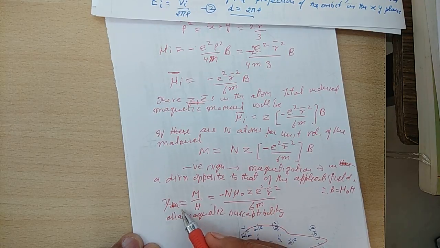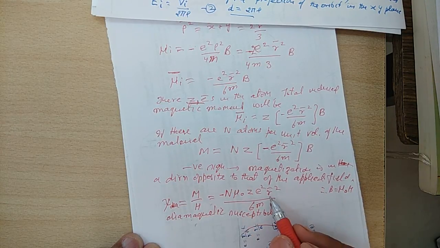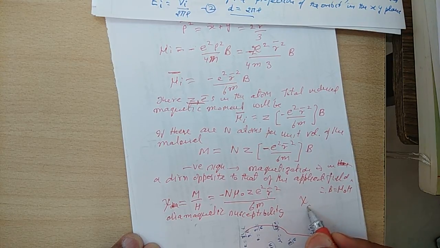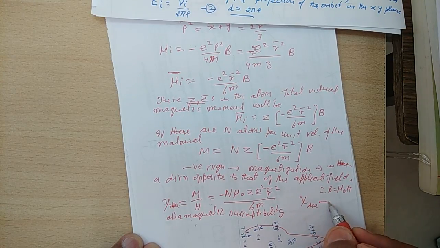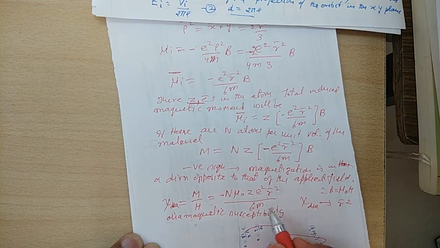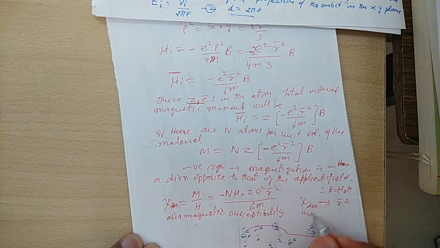This diamagnetic susceptibility depends upon the mean square radius of the atom, and it is independent of temperature.